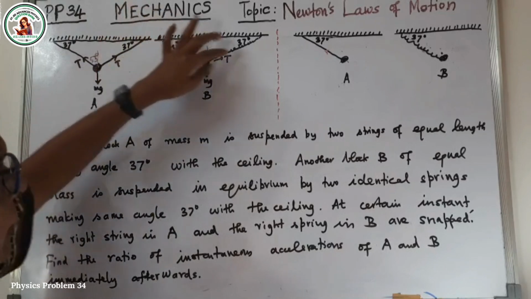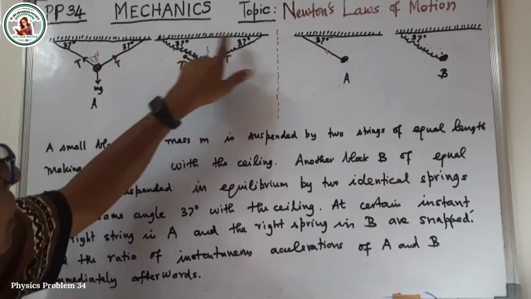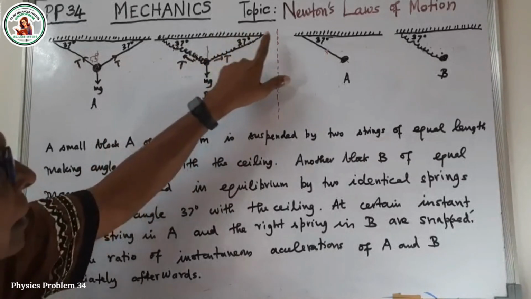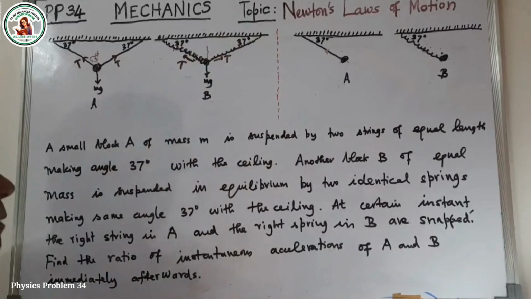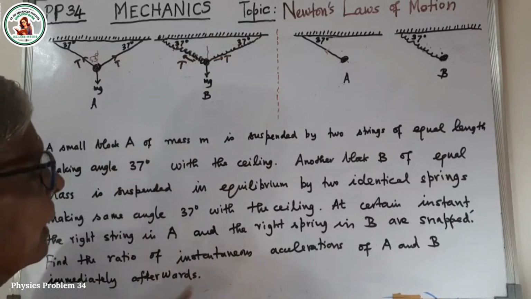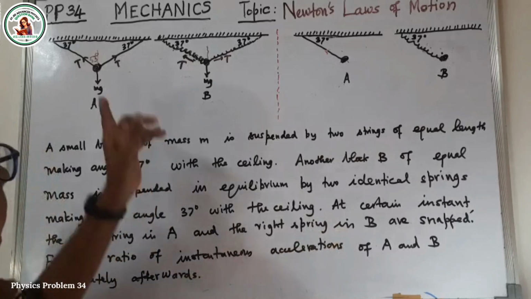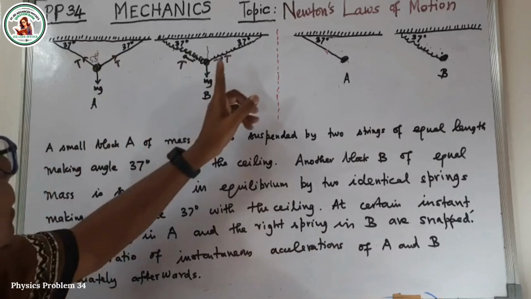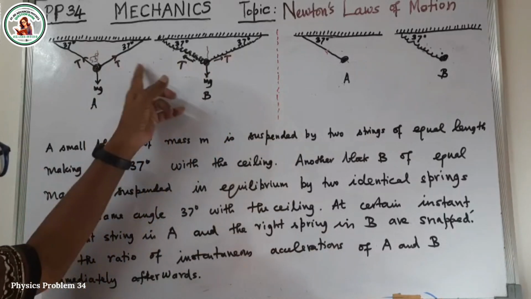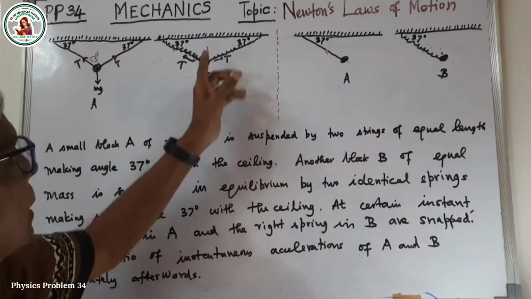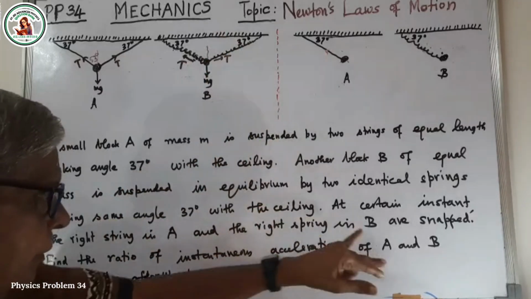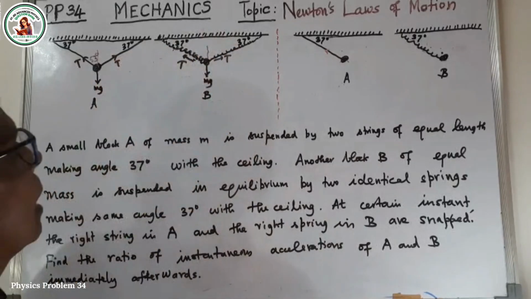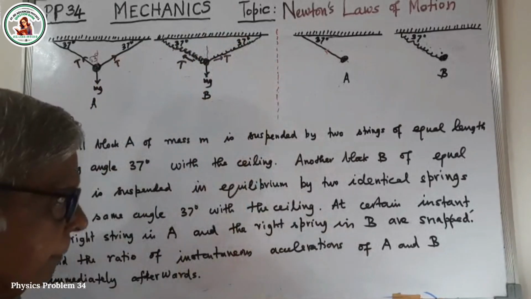B is supported by two springs, also making the same angle of 37 degrees with the ceiling, of equal length. At a certain instant, the left string of A and the right spring of B are snapped, meaning cut off.